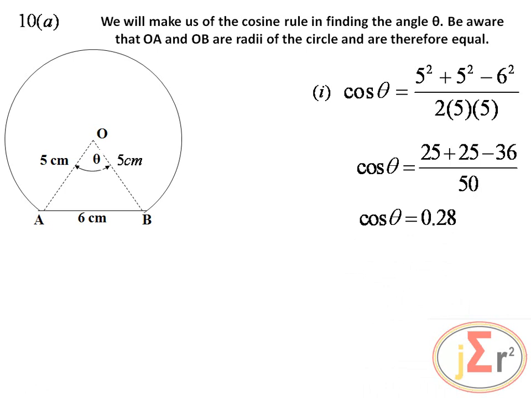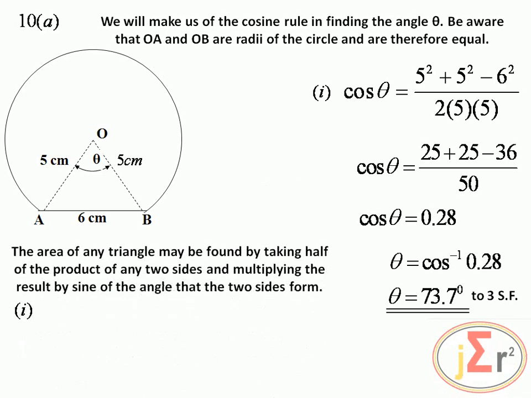Do not forget that when we have the cos of an angle, we can find the angle by taking the cos inverse, and we may do that on our calculator. The result is 73.7 degrees. And that is written to 3 significant figures as requested in the statement of the problem.